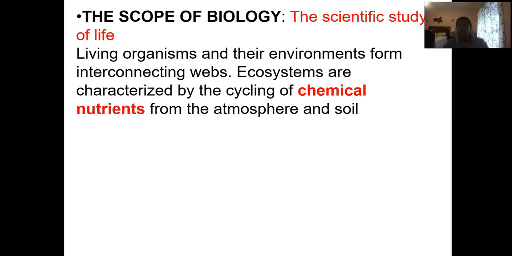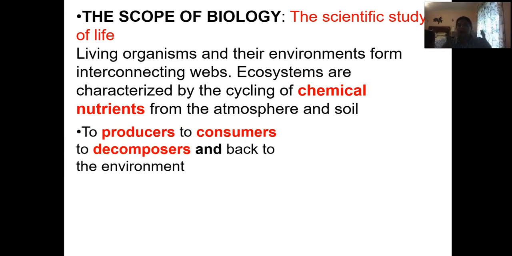Ecosystems generally are characterized by the cycling of chemical nutrients, starting from the earth, the atmosphere, and the soil, going into the plant, going into a small living thing that consumes that, and then to a larger one, and continuing this process until you get through all the organisms, all the living things present in that environment.